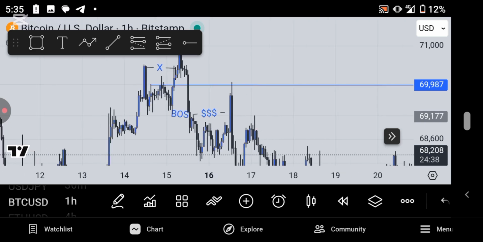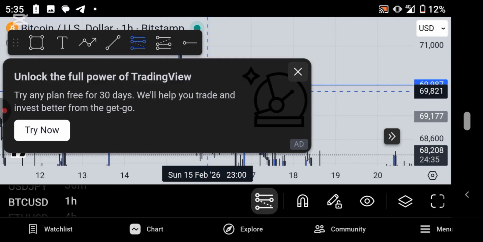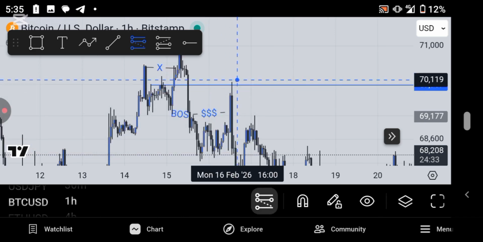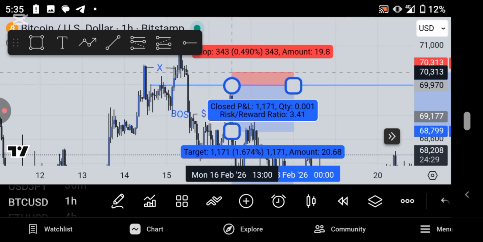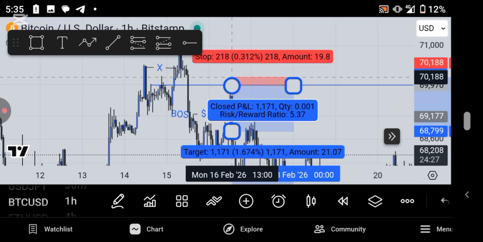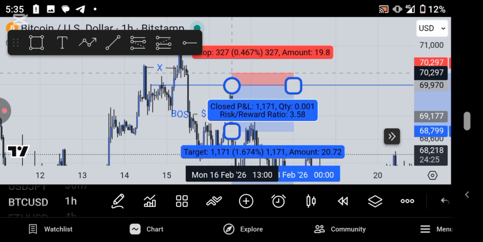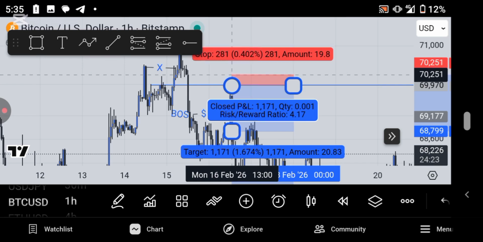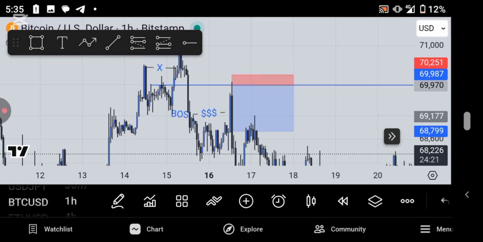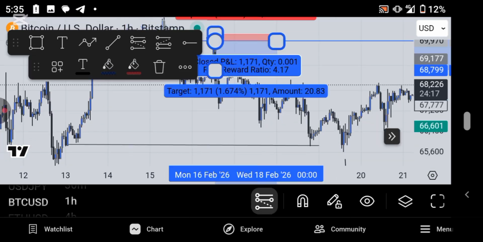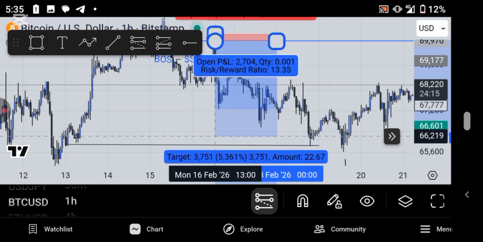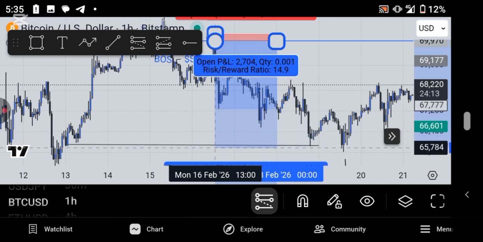So we enter our trade from here. Stop loss just above the QM, and take profits at our candle range low. Boom.